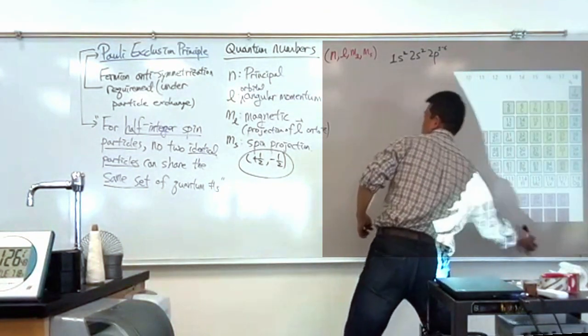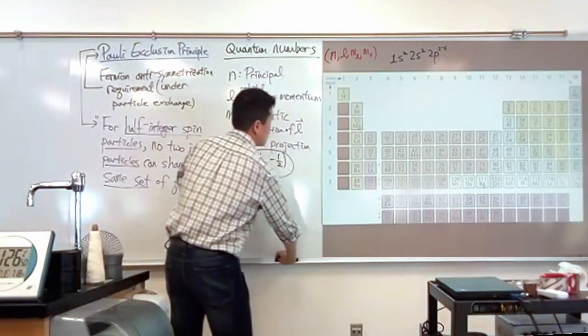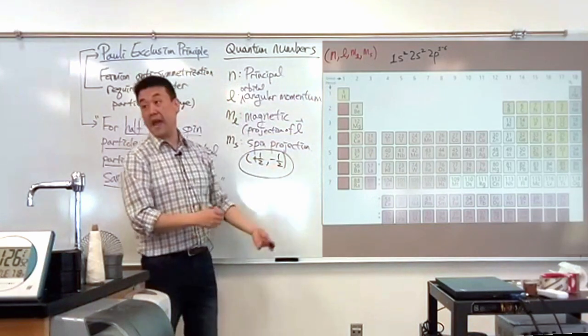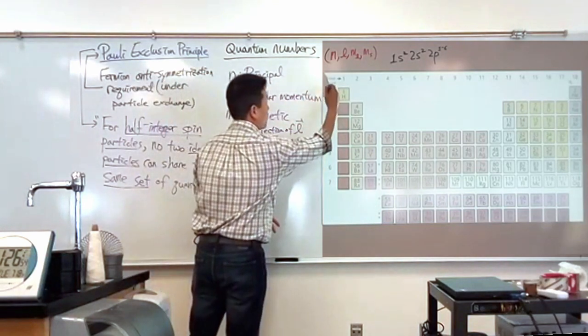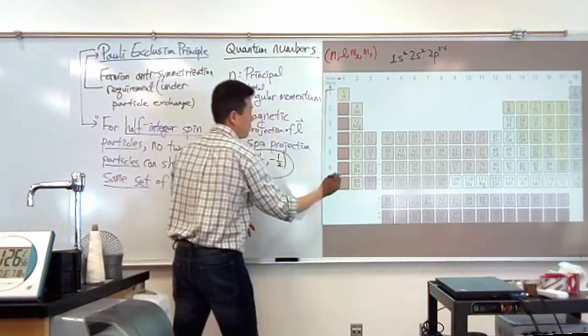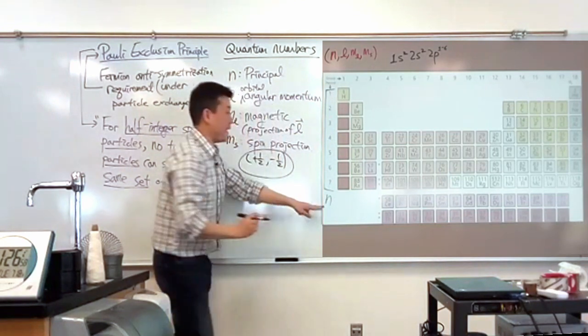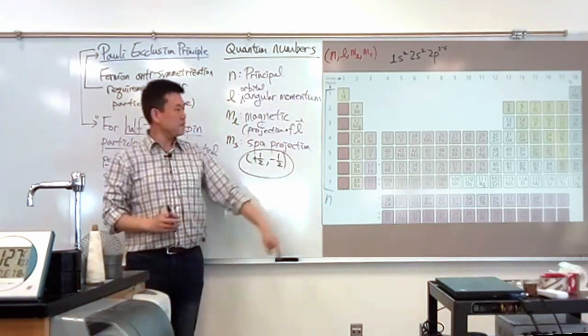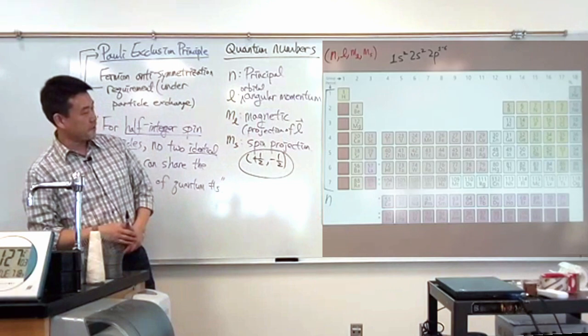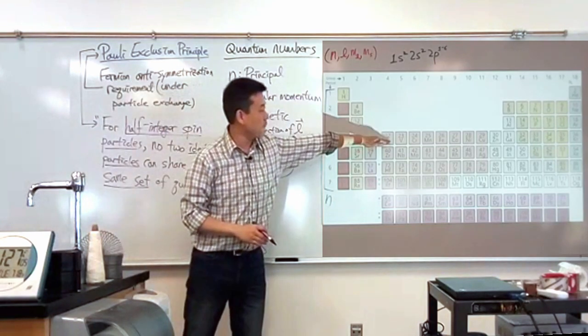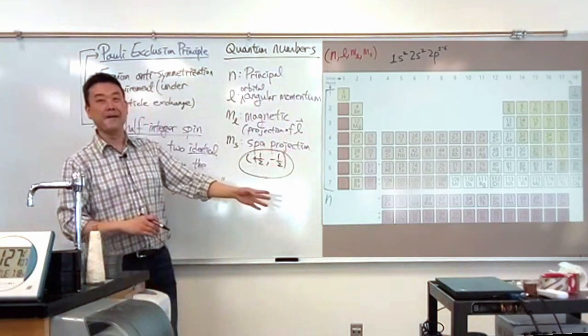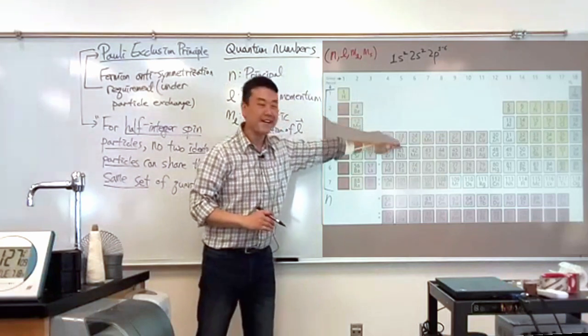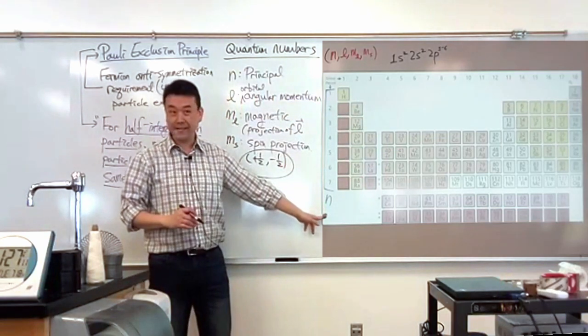The row numbers actually nicely correspond to the quantum number n, with, I think, one little exception when you come to here. We'll get to that. But except for that, they correspond to quantum number n.